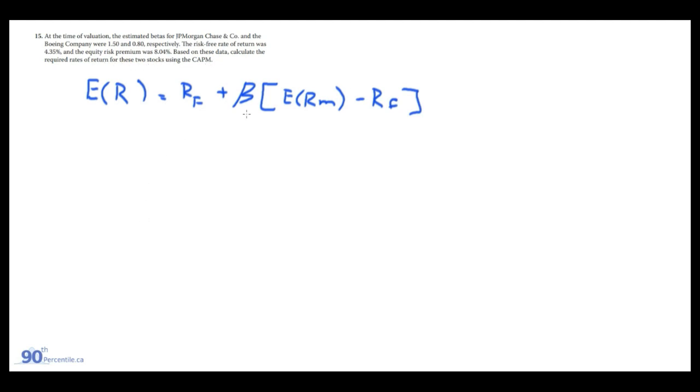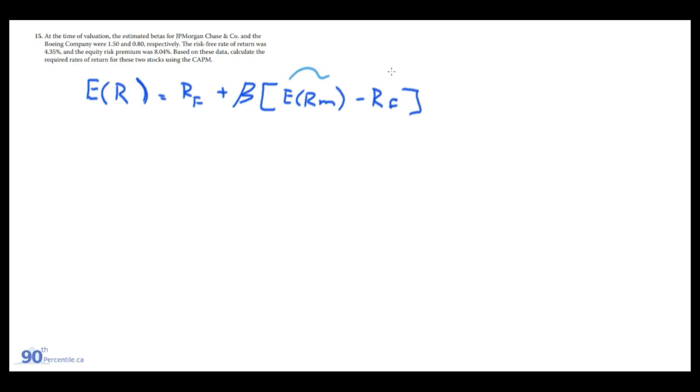All right, so the CAPM model is really important, almost guaranteed to be on the exam in my opinion. This is a pretty simple formula used to calculate the expected return on equity, or the cost of equity. The expected return is equal to the risk-free rate plus the beta of the stock times the expected return on the market minus the risk-free rate.